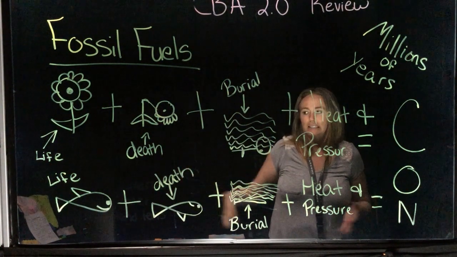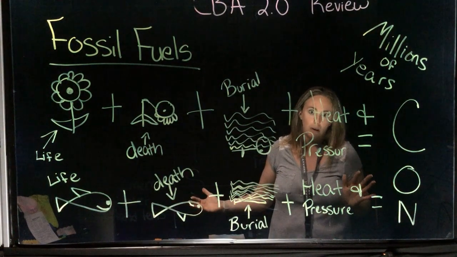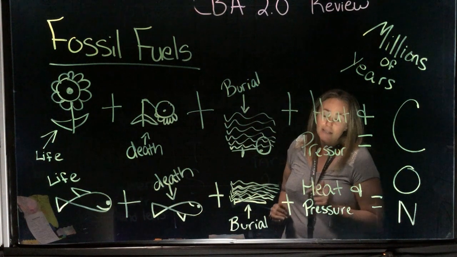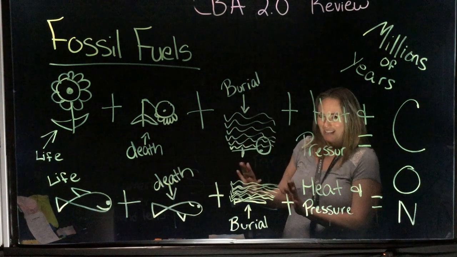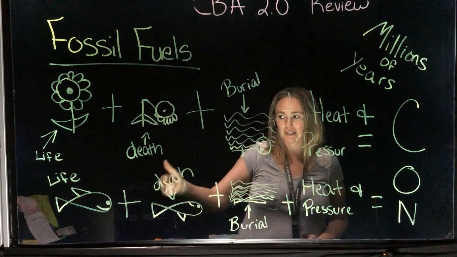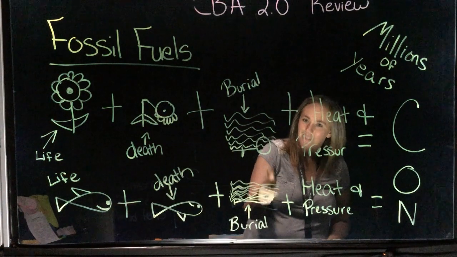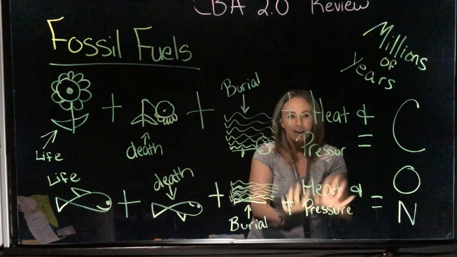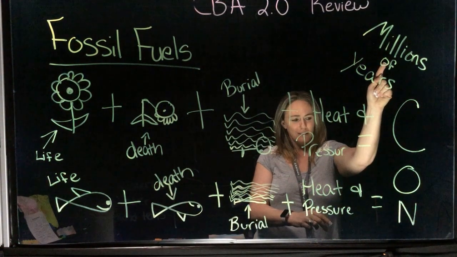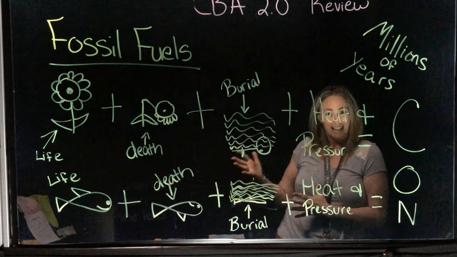That means fishies and plankton, and think of SpongeBob, okay? Anything that was hanging out down there with SpongeBob, he and his little friends, yeah. Well, they were once alive and all funny and ha ha ha, but then they eventually die. And then they too get buried, okay? And they have to have a whole lot of heat and pressure plus some, how long? Millions of years? Ta-da! You get oil and natural gas.